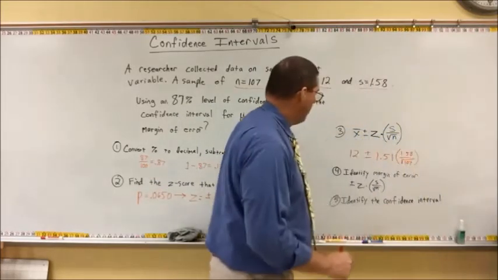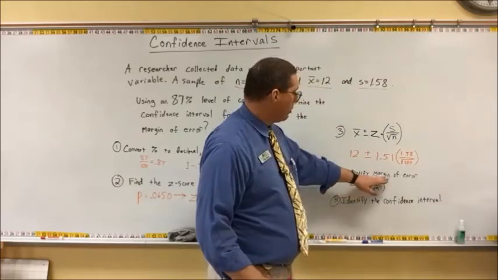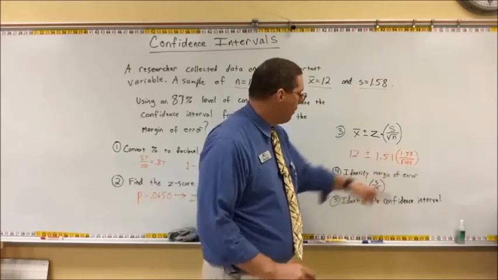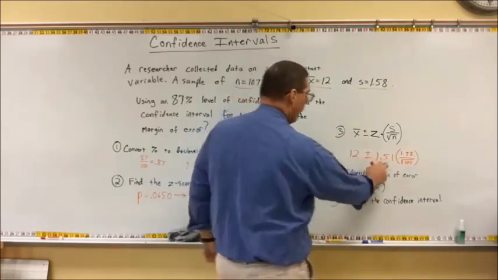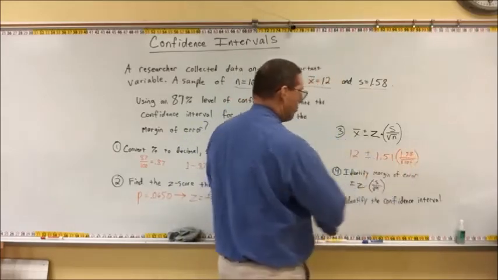Now, we can identify the margin of error. This part is the margin of error, right? The 1.51 times 1.58 over the square root of 107.